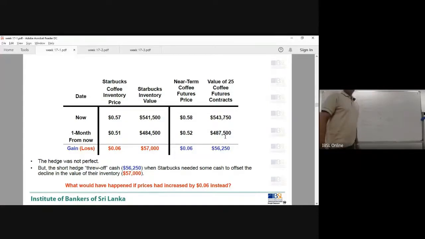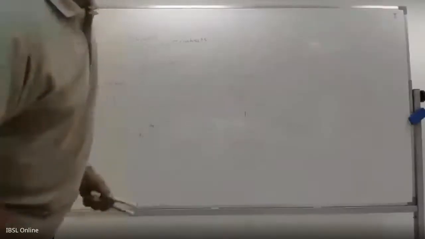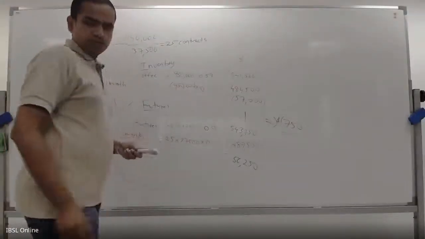So the next question says, what happens if the price increased by 6 cents? So let's try that also. The price had gone up. This will be 63 cents. We go up to 63 cents.